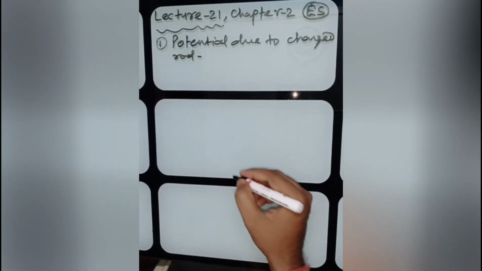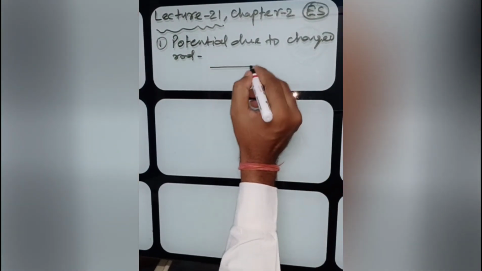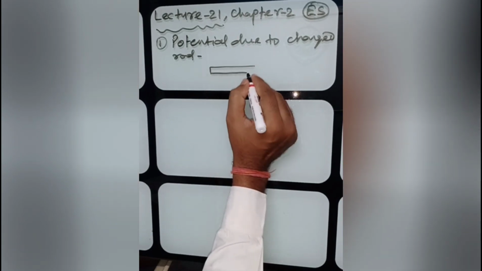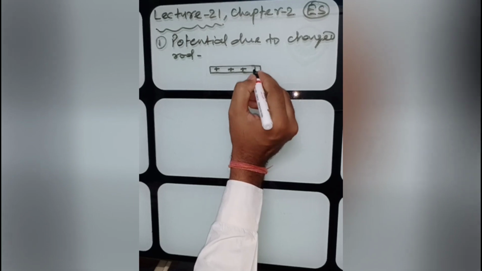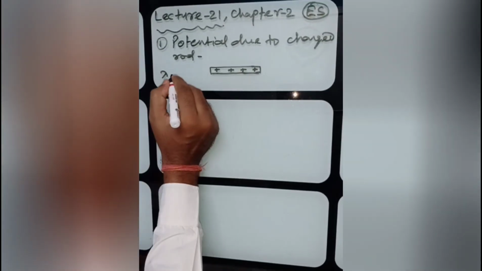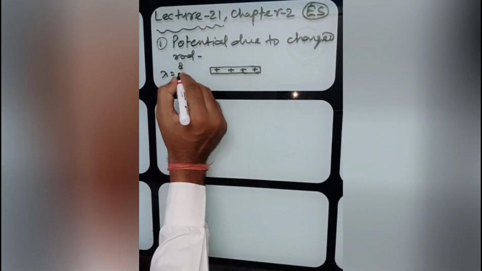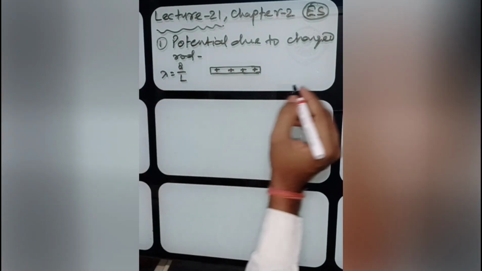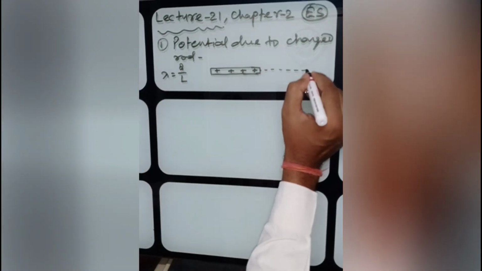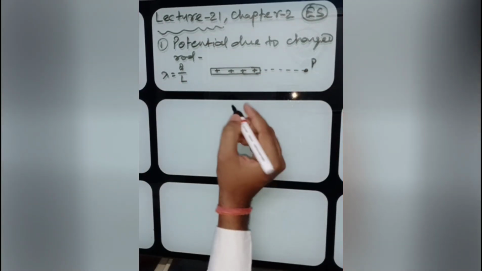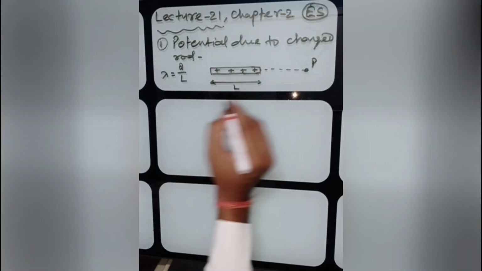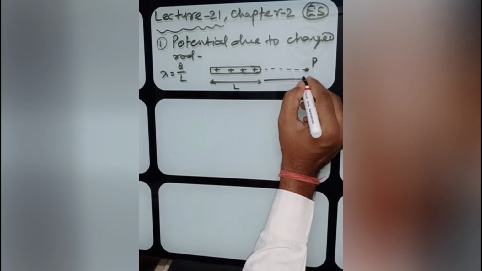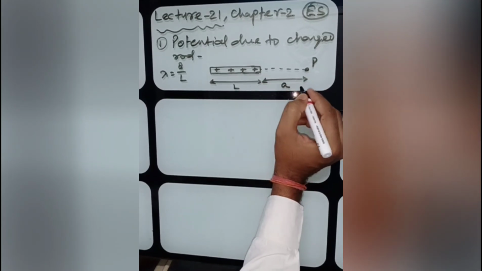Okay, my dear students, suppose this is a rod of linear charge density lambda. It is the charge per unit length. We have studied this already. We have to find potential at a point P. Suppose the length is L, and we have to find potential at a distance A.